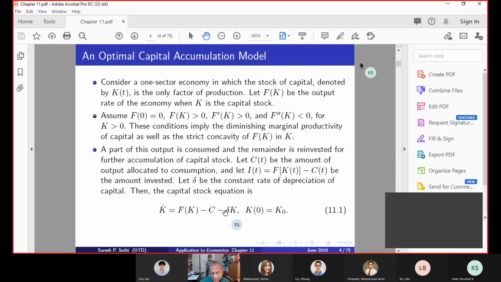So K depreciates at this rate delta. We assume this to be a constant rate of depreciation, so the capital becomes older and less efficient, and we call it depreciation in economics. It's a standard term in economics. So the K dot equation is given by this, and we have an initial stock of capital called K0.